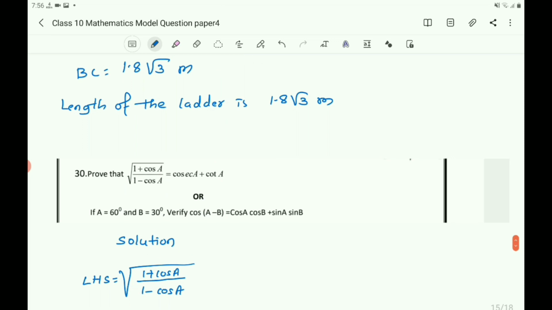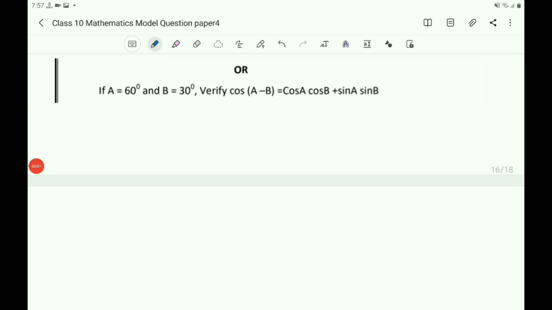What is that question? If A equals 60 degree, B equals 30 degree, cos A minus B equals cos A cos B plus sin A sin B. Now you take the value of cos A minus B. That equals cos of A is 60 degree, B is 30 degree.